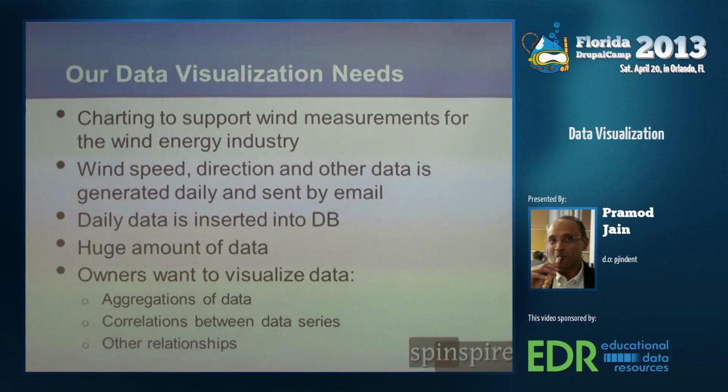So all that data basically goes to a data logger that's right on the tower, at the base of the tower. And then at the end of the day, all this data gets assembled and sent by a wireless modem to us as an email. This is data that's captured every second, sent to the data logger.